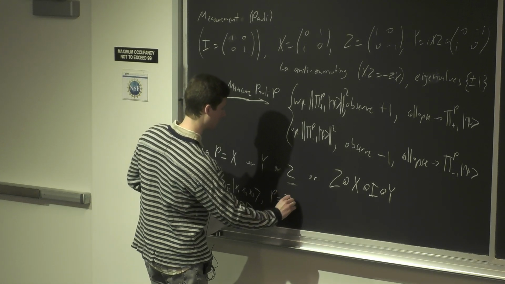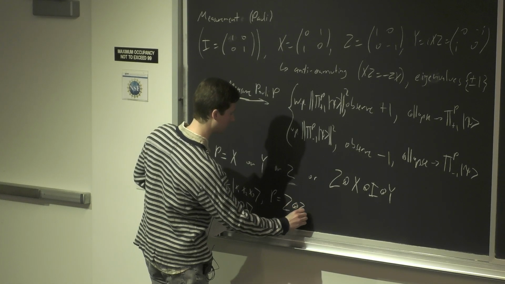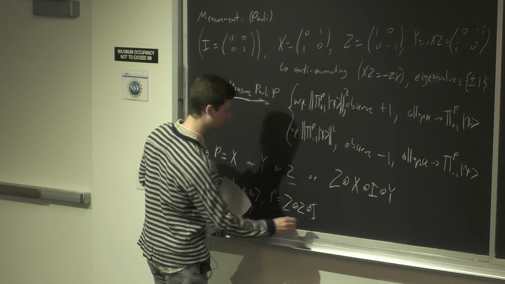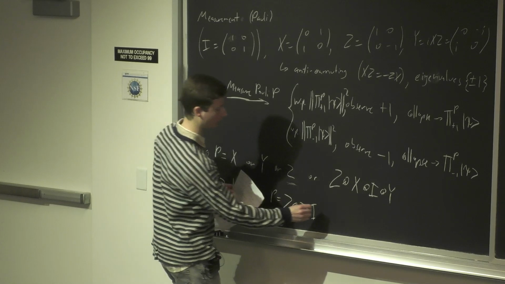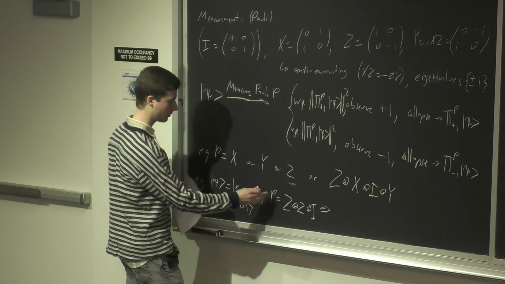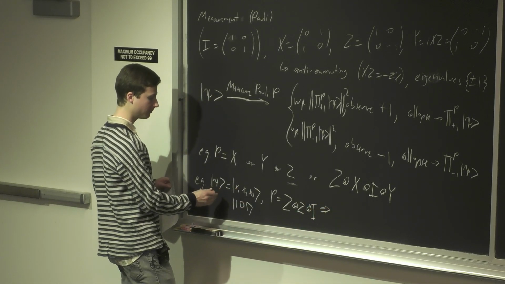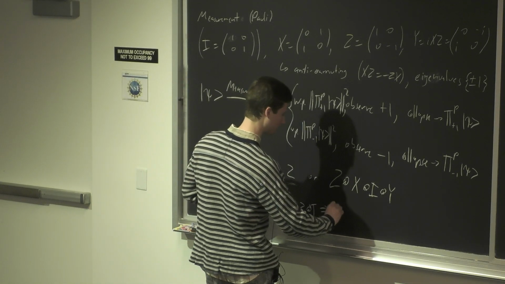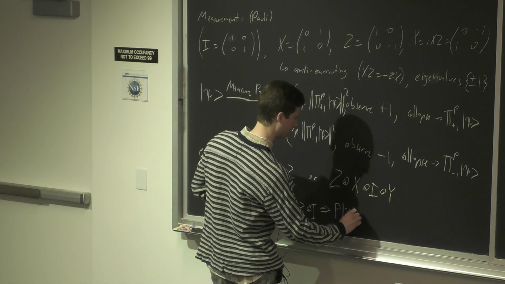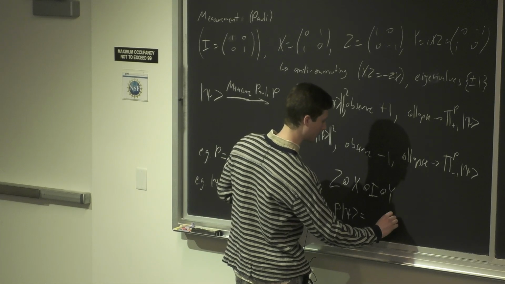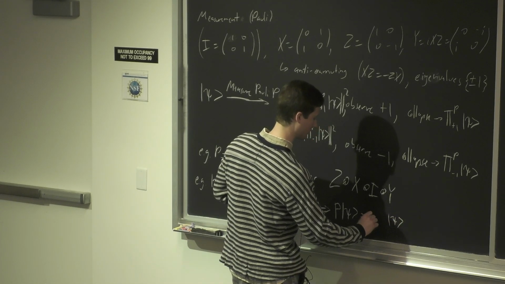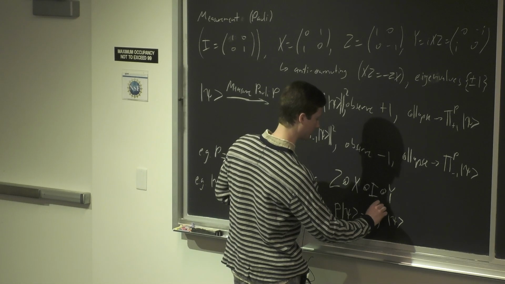And if we try to measure the Pauli that's like z tensor z tensor I, then we see that if we apply the Pauli p to our state psi, what we get back is the same state psi, but with a sign, which is precisely -1 to the x1 plus x2.